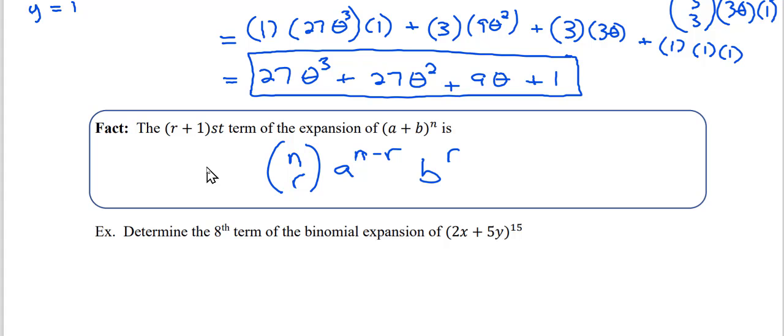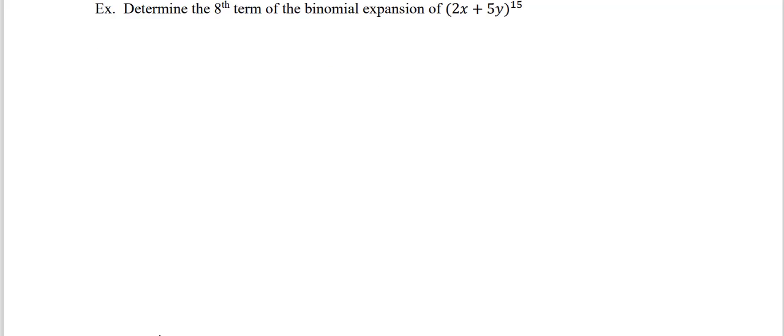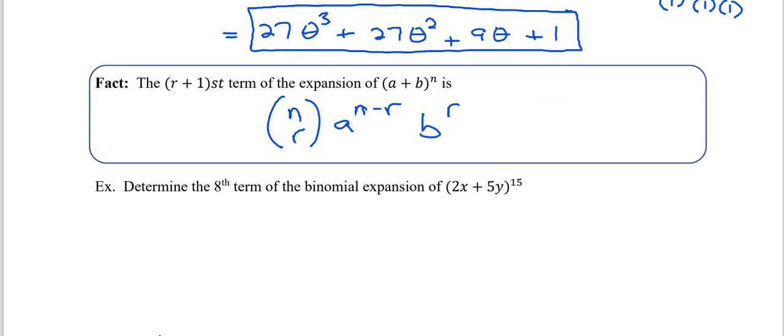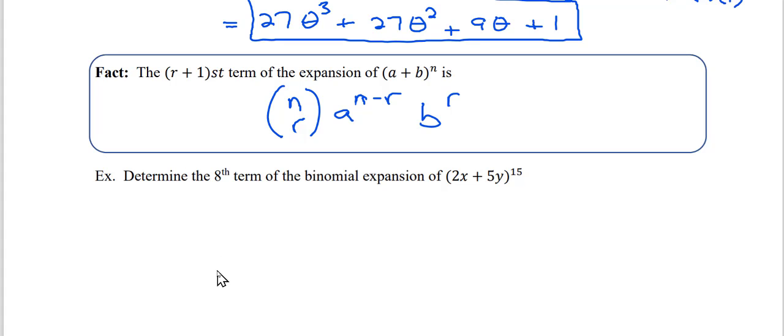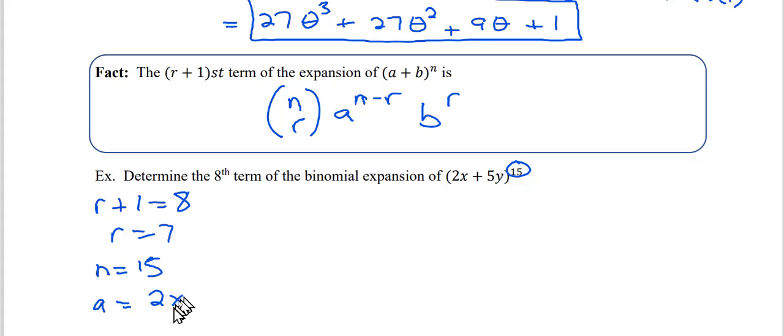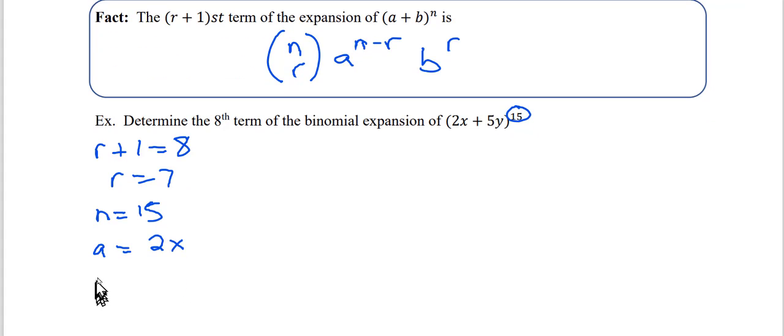When we're looking for the 8th term of this binomial expansion, we're talking about r plus 1 being 8, right? So that means r is 7. N is 15. The a in the formula is 2x, and the b is 5y.